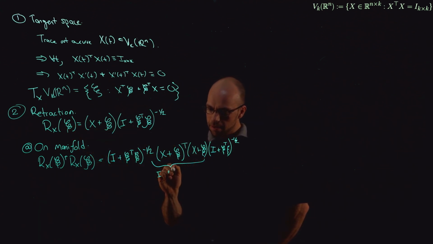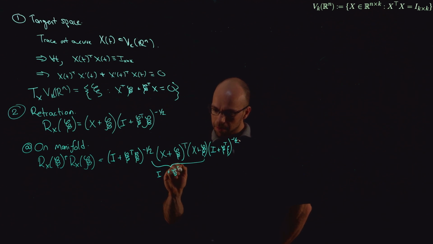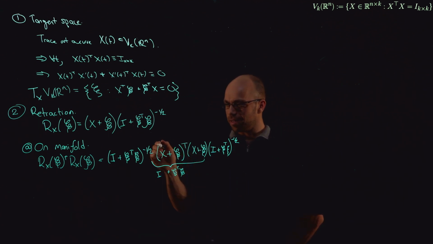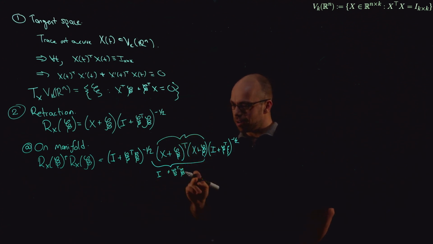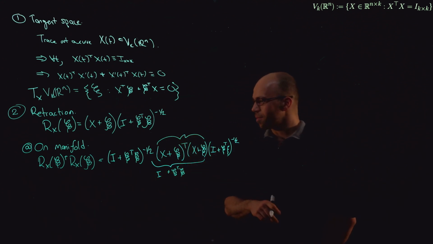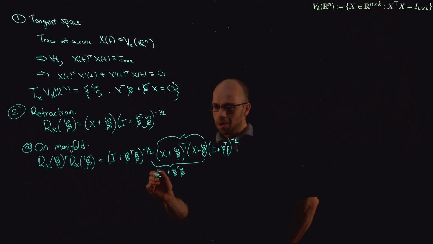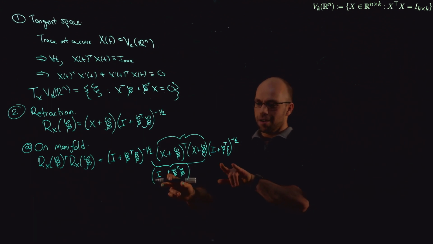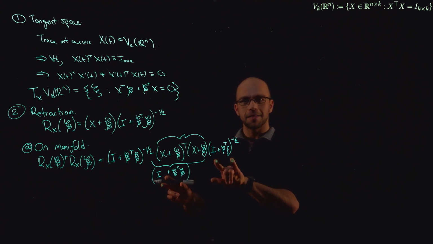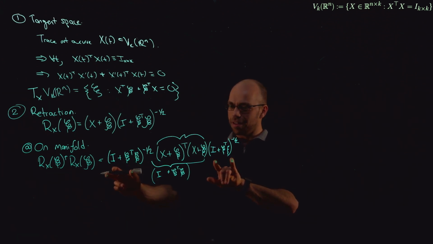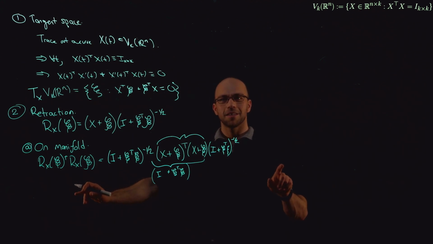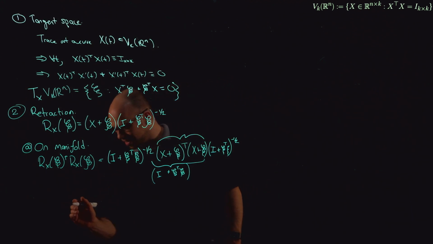Plus Xi transpose Xi. And now you can see how we define this retraction. It's essentially by noticing that when you expand this square, you get this nice identity plus Xi transpose Xi. Okay, but take a look. So I have identity plus Xi transpose Xi. Now I have the same thing to the -1/2 on the right-hand side, and the same thing to the -1/2 on the left-hand side. So when I multiply all these things together, I just get the identity, right?